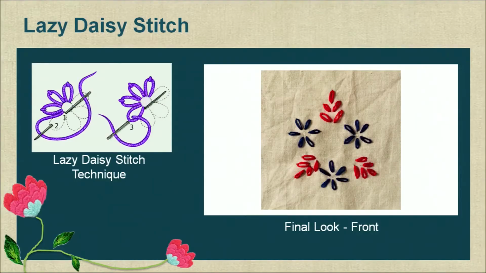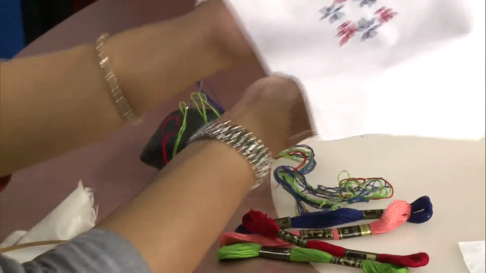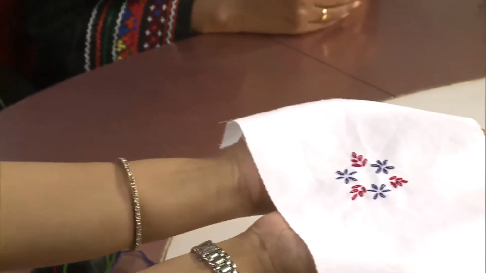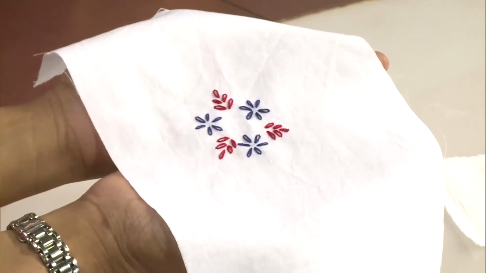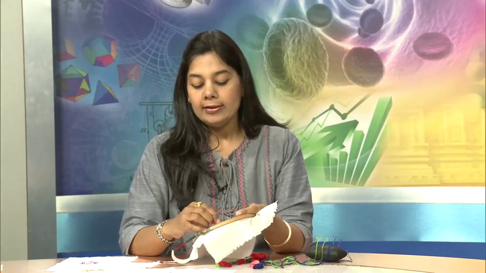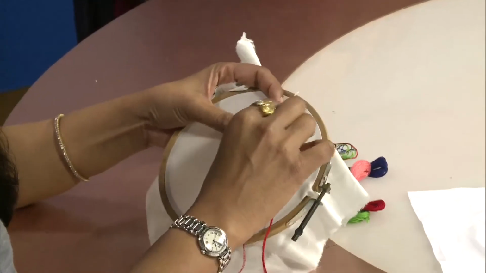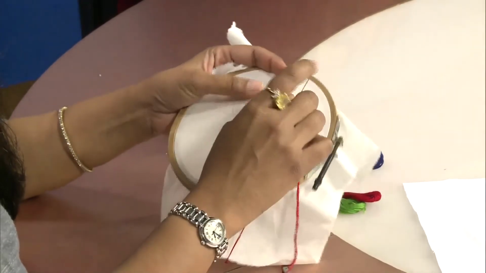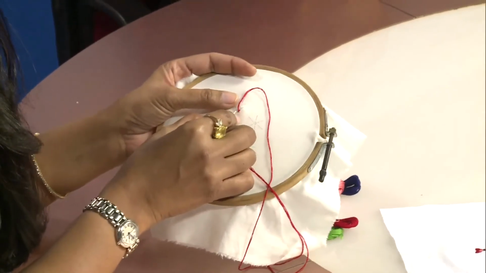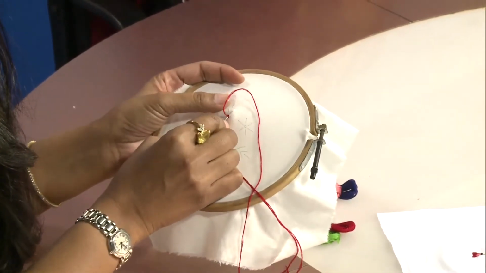You can see over here how the lazy daisy, the same type of stitch in chain, is forming the flowers and also raindrops. Show you how to make a lazy daisy stitch. So this is exactly the same how we do the chain stitch. It is exactly done in the same way. The only difference is that it is a detached loop.